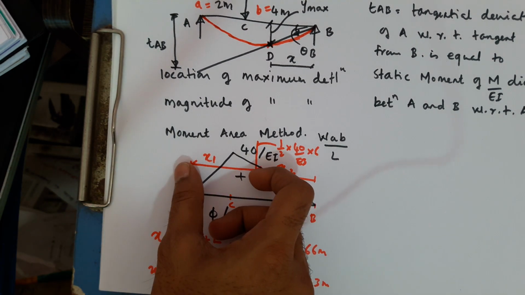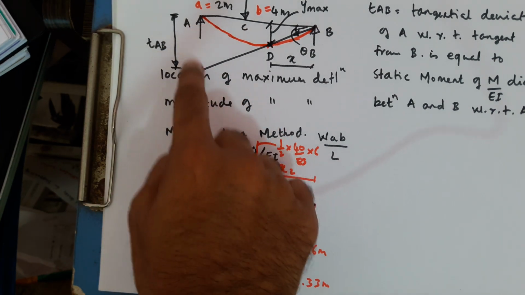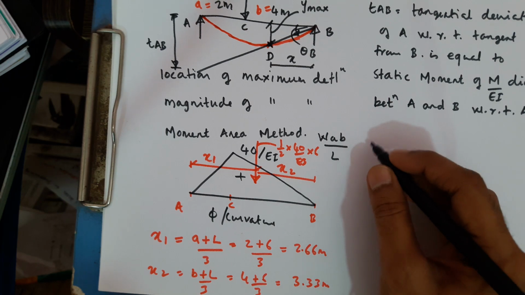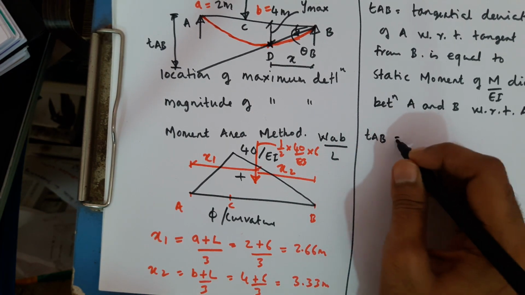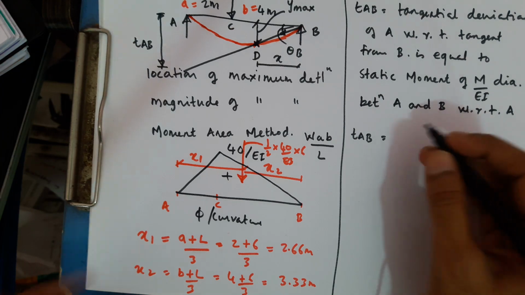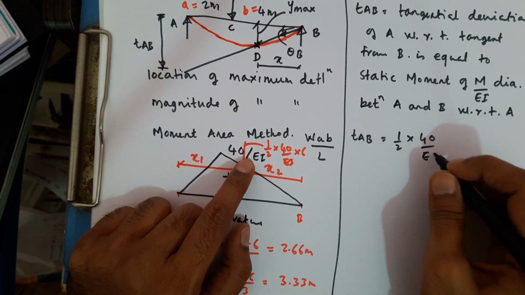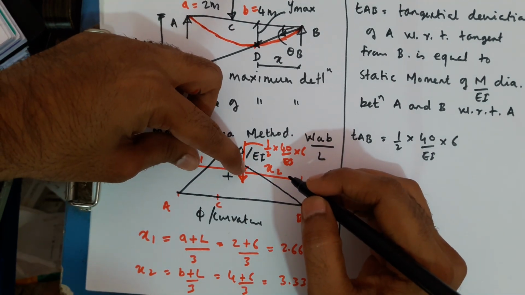Total load into x1 will give you the deviation of point A with respect to the tangent from B. So TAB equals half into 40 by EI into 6, the total load, into the perpendicular distance.